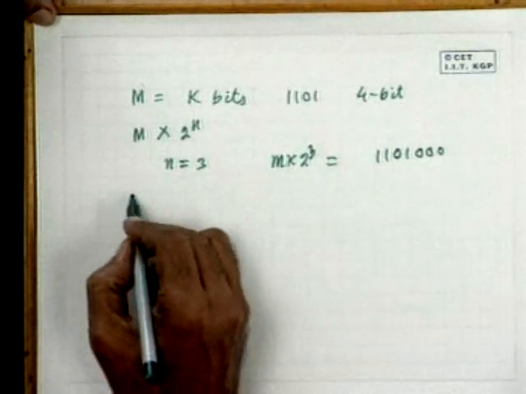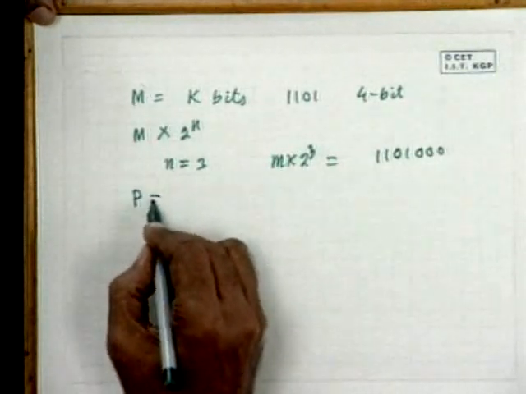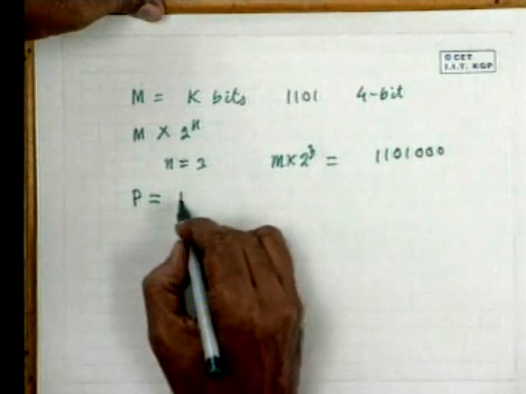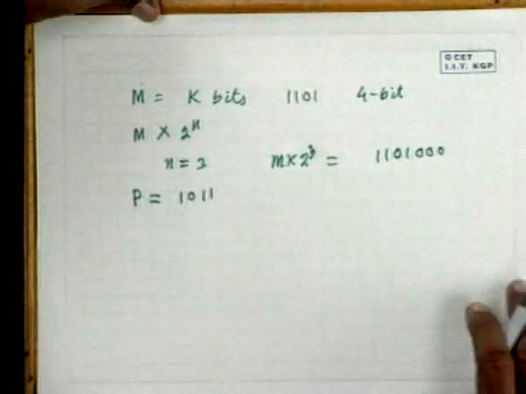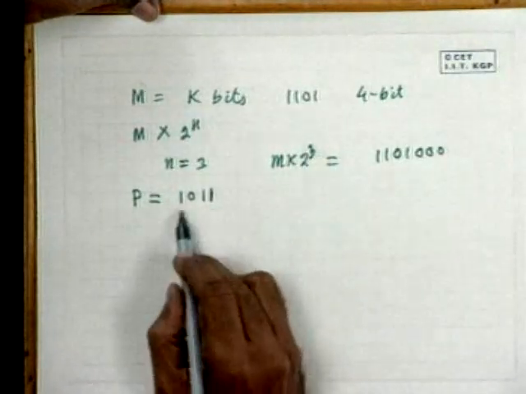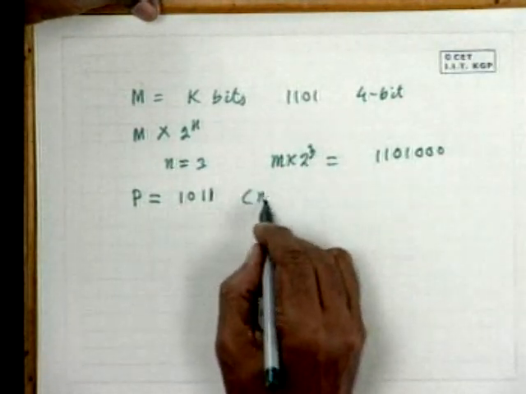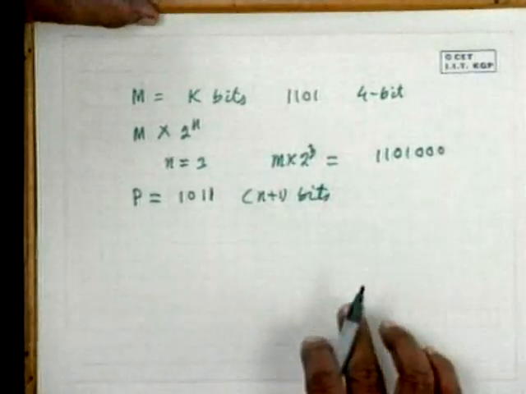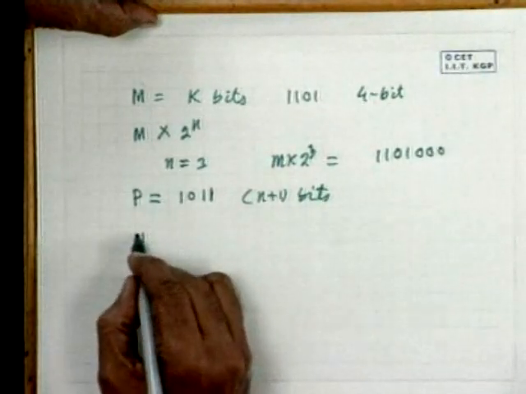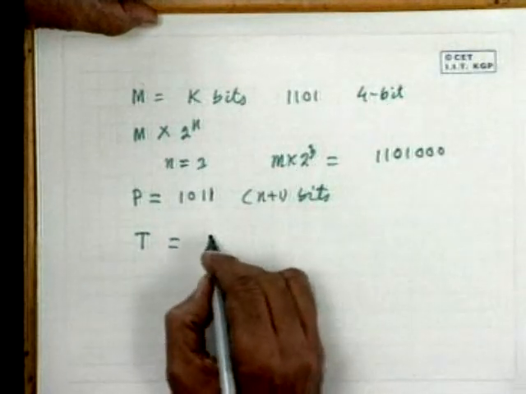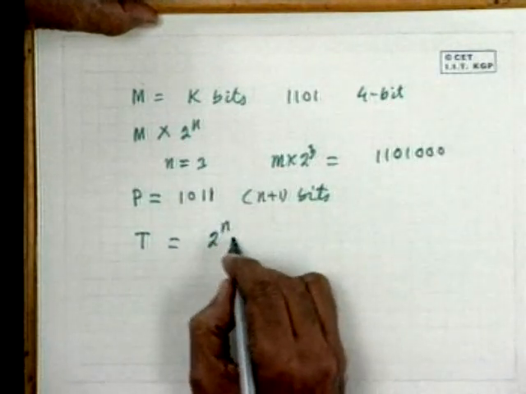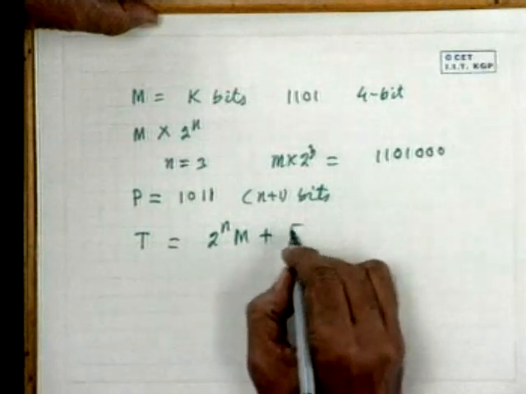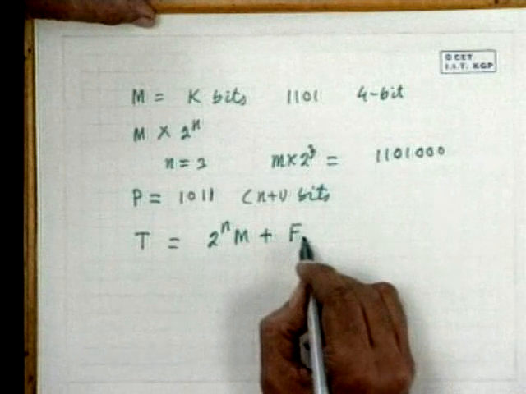Now P, which is a predetermined number of n plus 1 bits, let it be 1011, 4 bits. As I said, this has to be of n plus 1 bits. Then T is equal to 2 to the power n into M plus F. The question is, how do you get F?